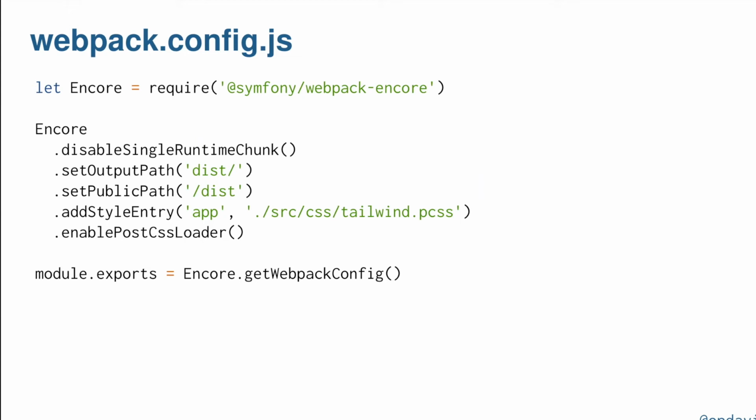So same source file path we saw previously. And this is going to generate an app.css file because the style entry is called app. And then we also need to enable the postcss loader for it to parse this postcss properly. And this is useful again if you are going to use any additional postcss plugins like nesting. You'll enable that as well.